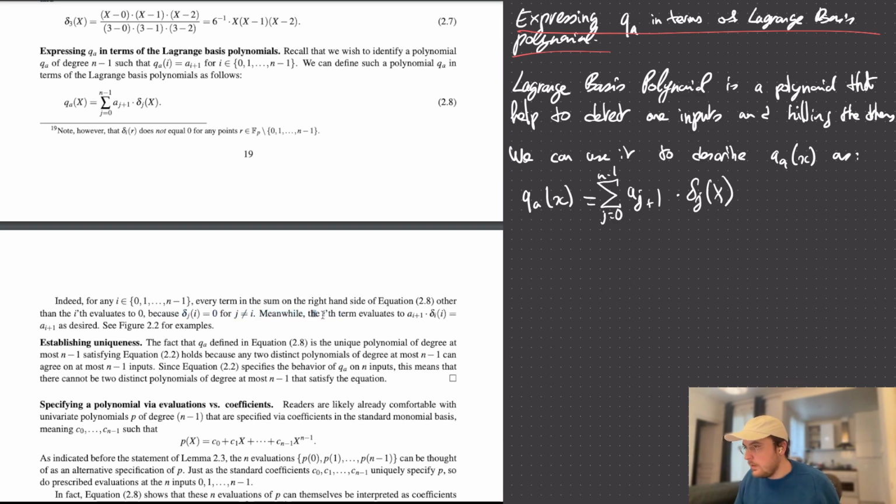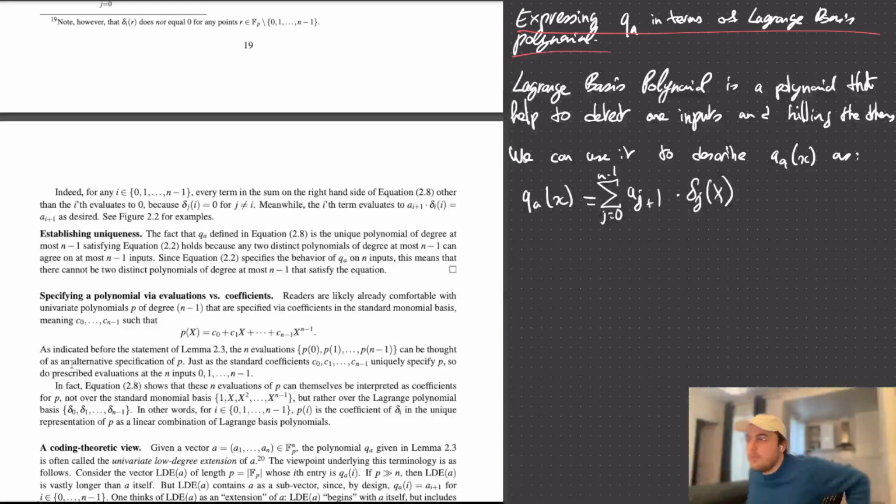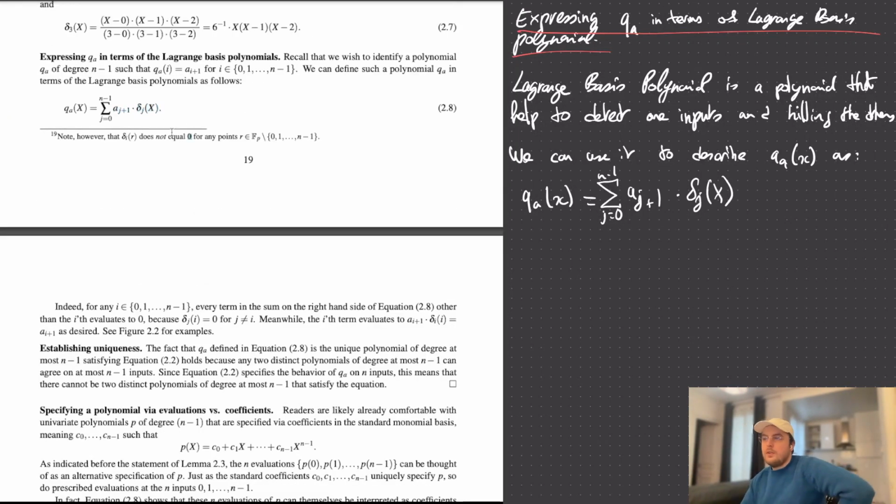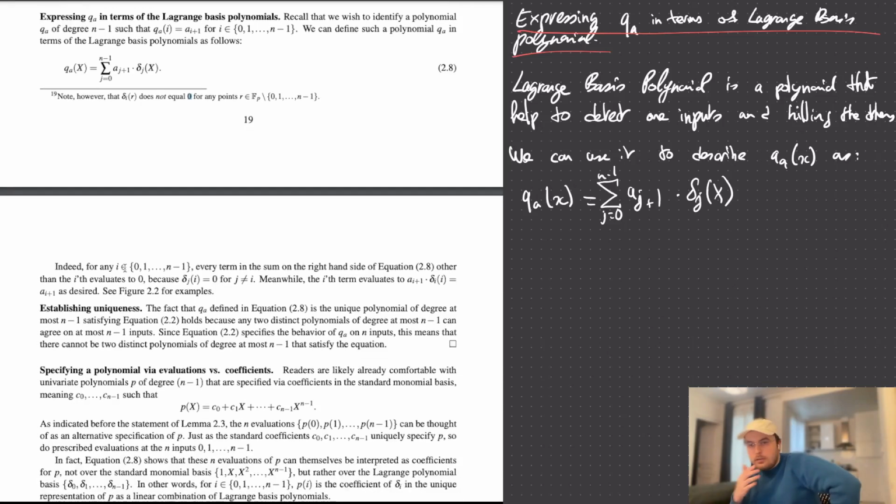Meanwhile, the i-th term evaluates to a of i plus 1 times this, which equals 1, so we get a i plus 1 as desired. Yeah, super cool. Okay, this is how we can build the equation. It's very cool actually. Very, very smart. I like it.